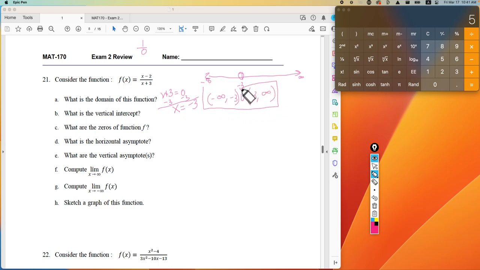And putting it on the number line helps to see how things are going. What is the vertical intercept? Remember, a vertical intercept, that's a y-intercept. That's a value where x equals 0. So to get that, what we're going to do, let me change colors here.